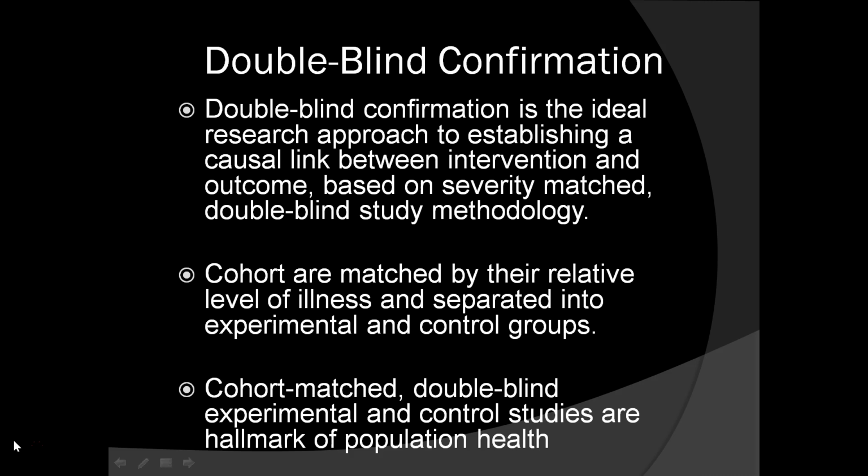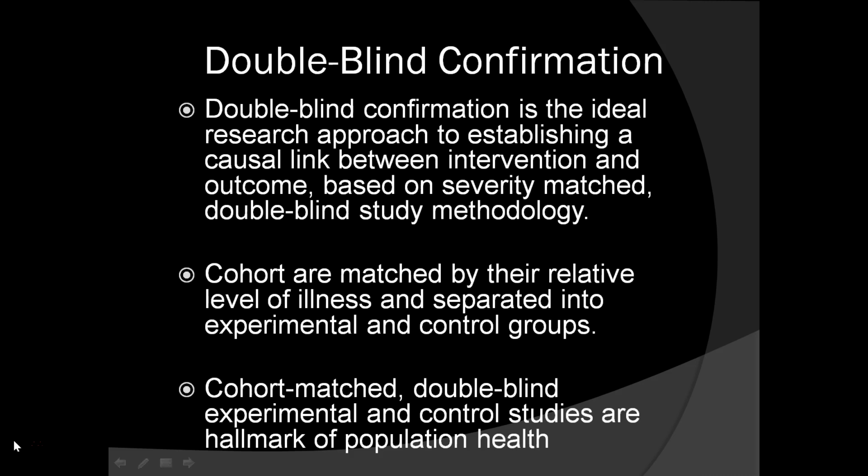Now, cohorts are matched by their relative level of illness and separated into experimental and control groups. The experimental group is provided a new treatment or service, while the control group receives usual care. And then the cohort-matched, double-blind experiment and control studies are hallmarks of population health.